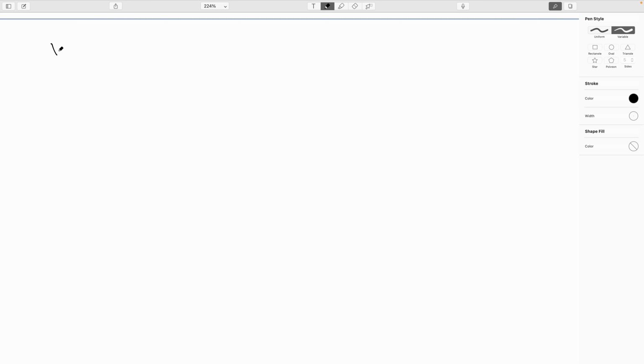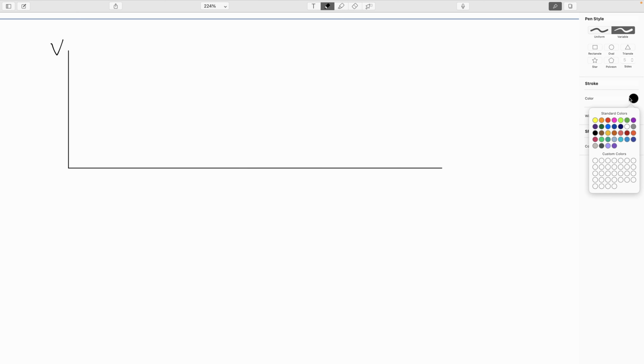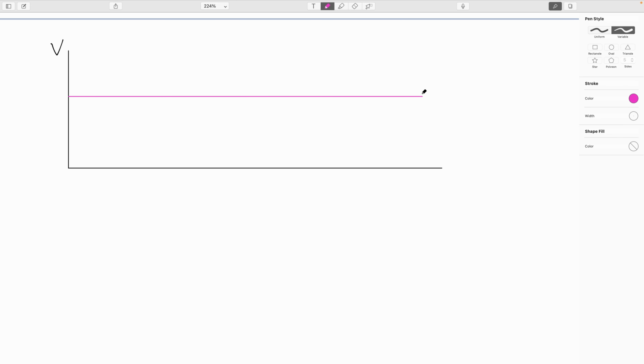You remember before we took a look at the case of uniform motion. So I'm just going to make a quick velocity time graph like so. Remember, uniform motion meant that the slope of the position time graph was a constant, or that the value of the velocity was a constant. So this time, let's say we're moving to the right. This would be uniform motion.